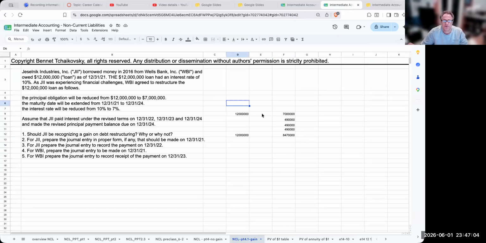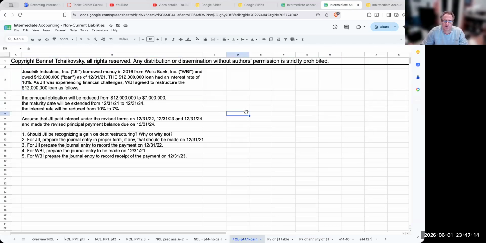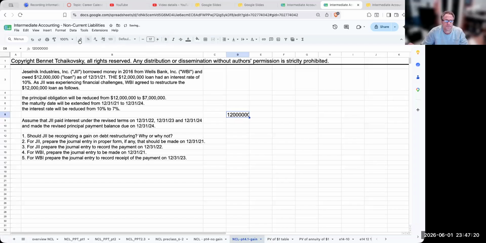So again, the question we're going to be looking at here is Jesselnick Industries borrowed money in 2016 from Wells Bank and was owed $12 million as of 12/31/21. Okay, so this is the amount that is owed.